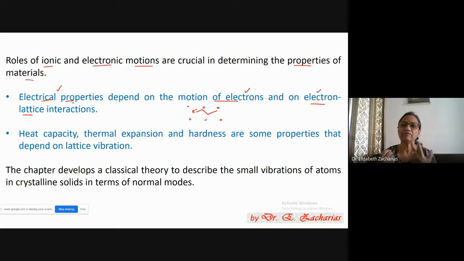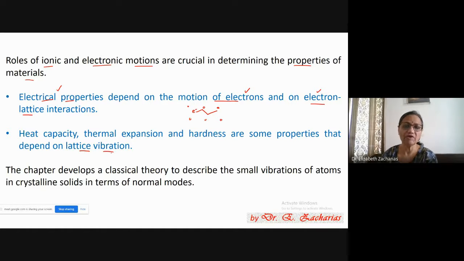In the case of dielectrics or insulators, there are no electrons which are moving, therefore the electrical property is that it is non-conducting. So the motion of electrons predominantly decides the electrical properties of a material. But there are some properties which are decided by the lattice vibrations.